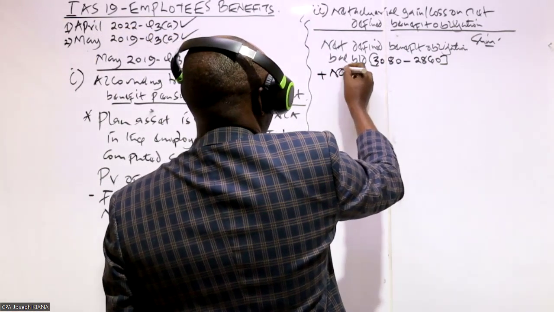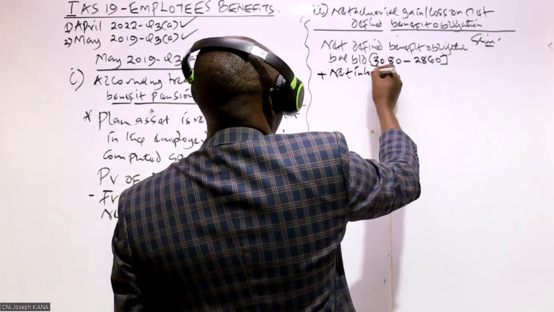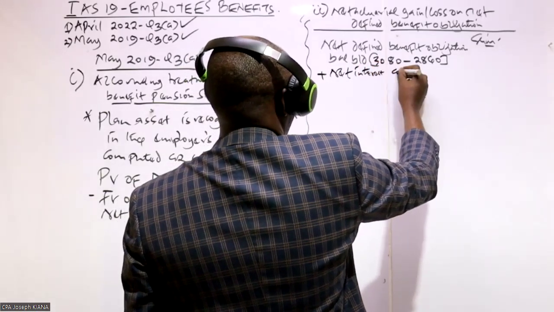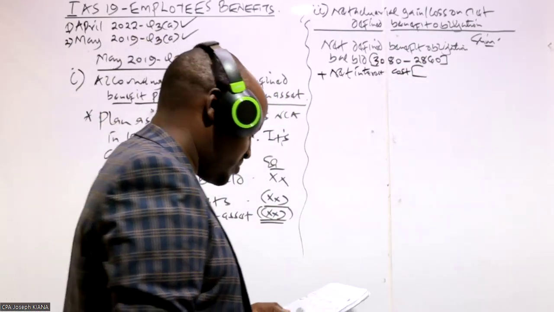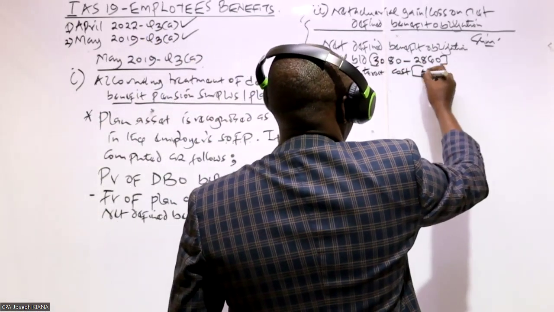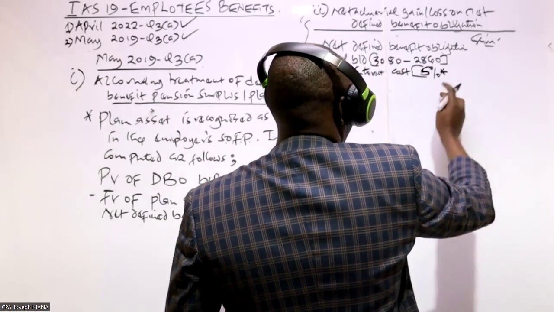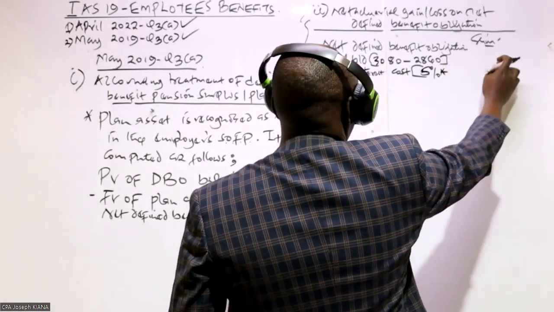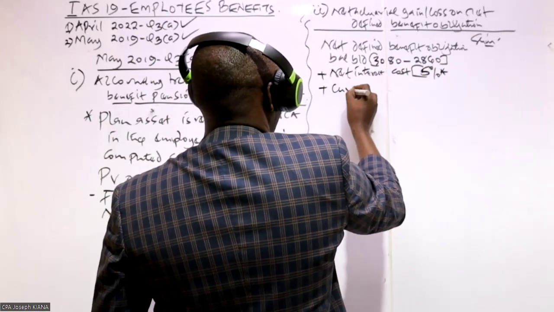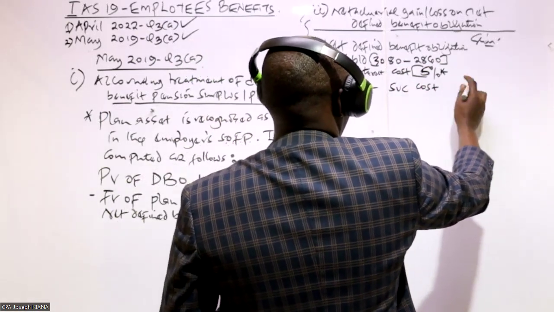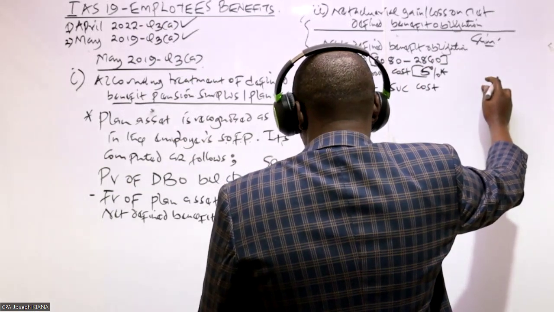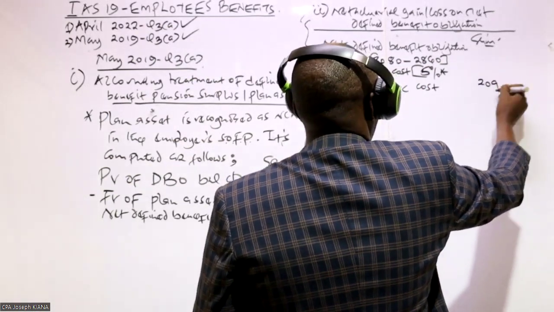And then to this, we add something called the net interest cost, which is computed on the market yield of high quality corporate bonds. And we are given that as 5%. So we are going to multiply this with whatever you are going to get there. And then to this, we add the current service cost. The current service cost in our case is given as a figure of 209.